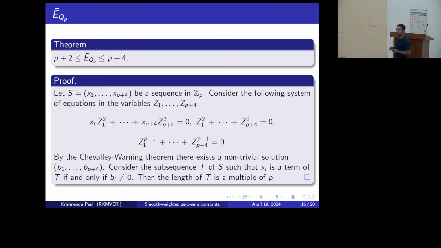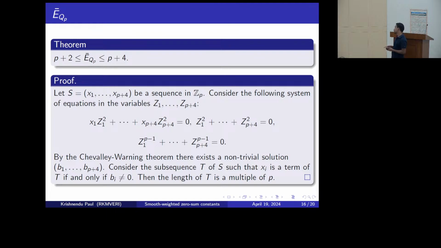That means that the length of T will be a multiple of P, as Z1 power P minus 1 will be 1 if we put a non-zero bi. So we get the length of T as P, as the length is at most P plus 4, so multiple of P means only P.